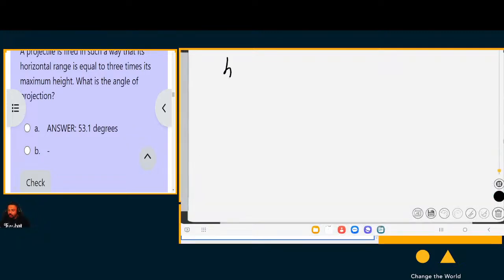Height is equal to the initial velocity squared, multiplied by the sine of the angle squared, where the angle is the initial angle it is fired at, divided by 2 times the gravitational constant.